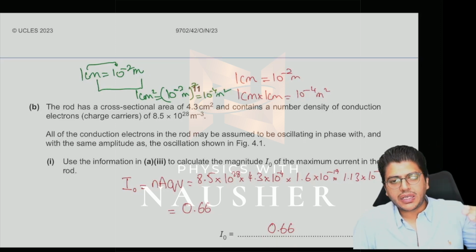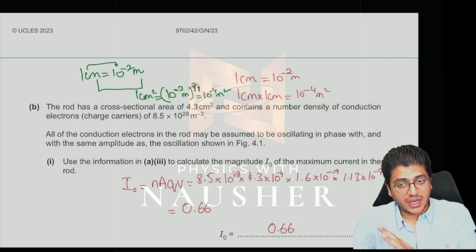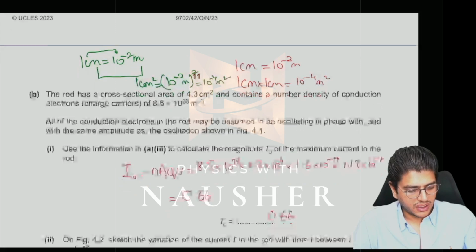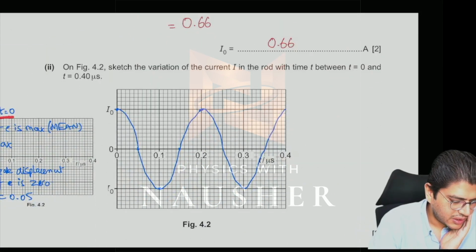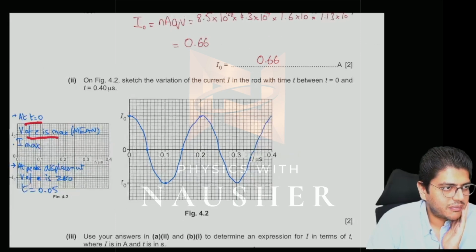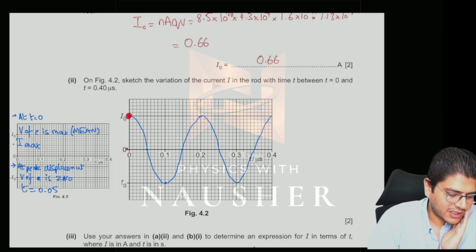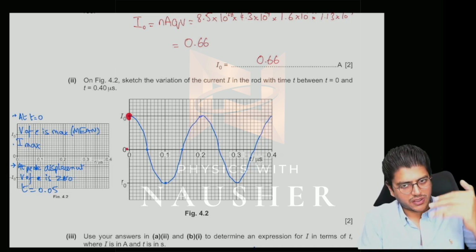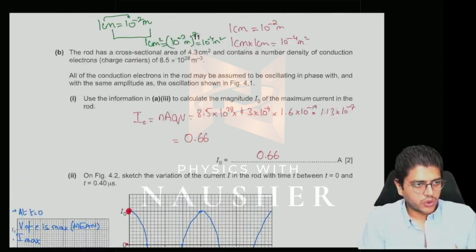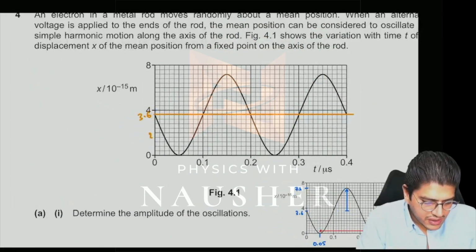Then when your speed changes, your speed will decrease because after maximum, your speed has to decrease. So the current will also decrease with it. At t is equal to 0, the speed of the electron is maximum. That makes sense, so the current has to be maximum, and at t is equal to 0 you should show maximum current. Now, from maximum, what happens to your speed? It has to decrease. So go back to that graph and see when your displacement is maximum.